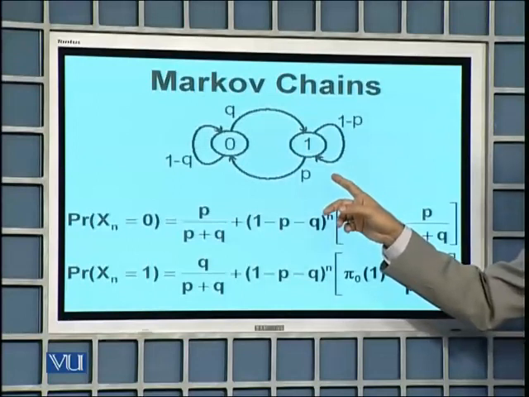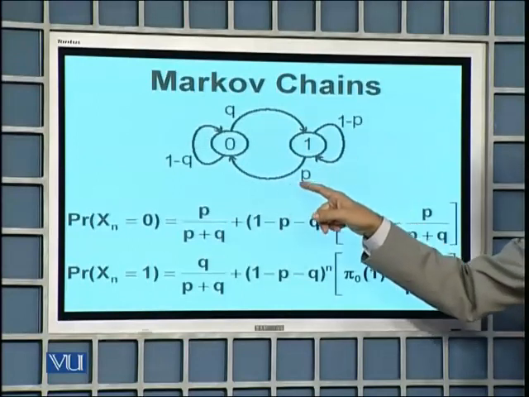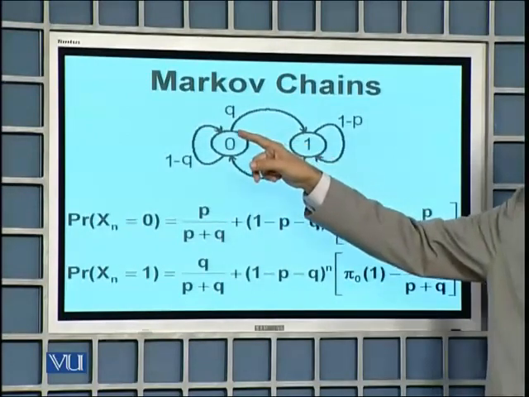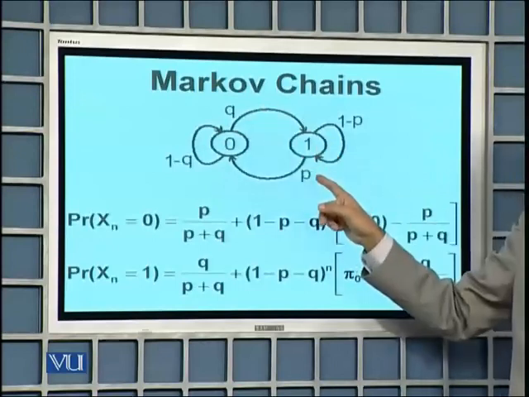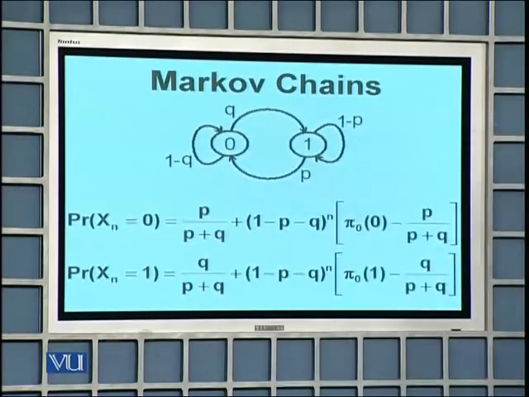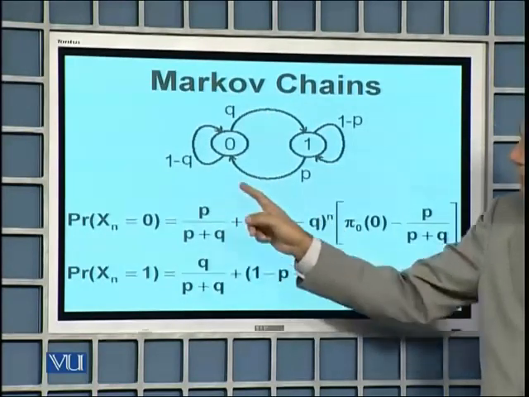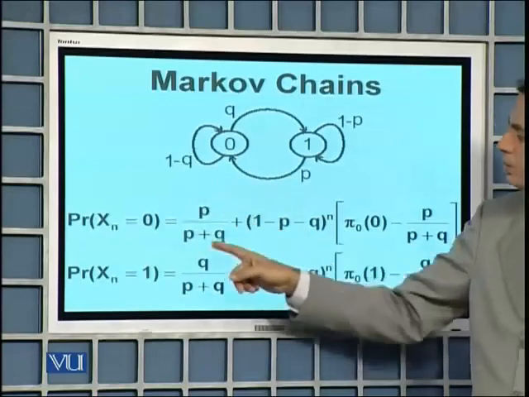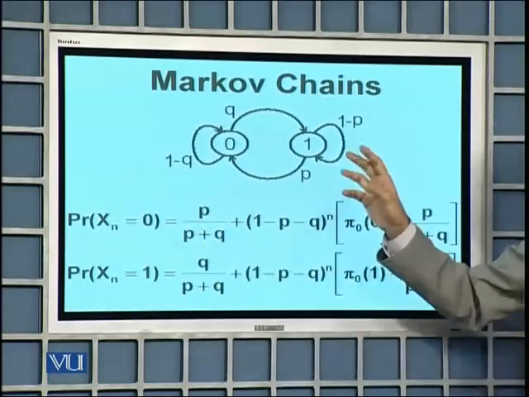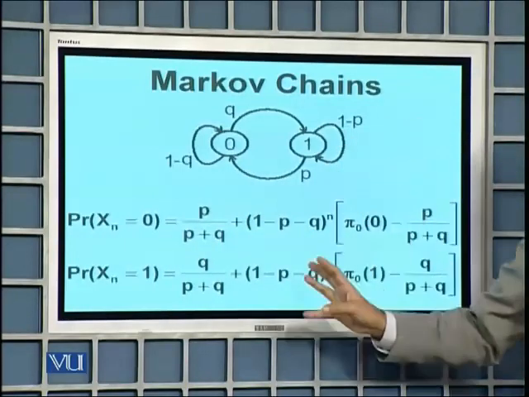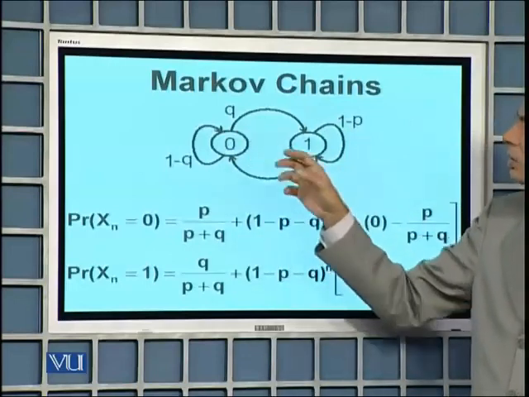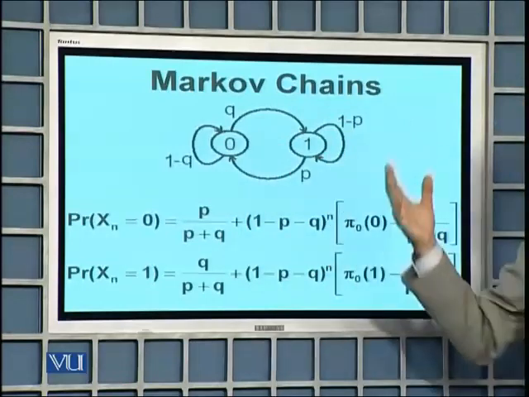You can have this machine to be a reliable machine, then p is going to be a small number, and you can also assume that your technicians are very capable, so probability of them repairing in one day is very high. So if you have p a small number, say 0.05, and q a large number, say 0.95, you will find out that this probability is very small and this probability is very large, meaning that probability of you finding this machine in state 1 is much larger than probability of this Markov chain being in state 0, that is this machine being broken down.